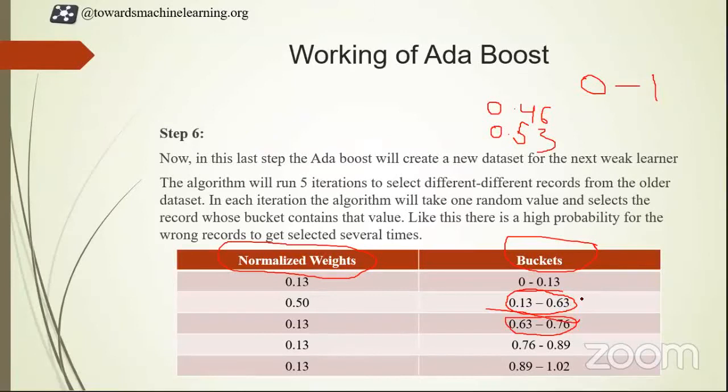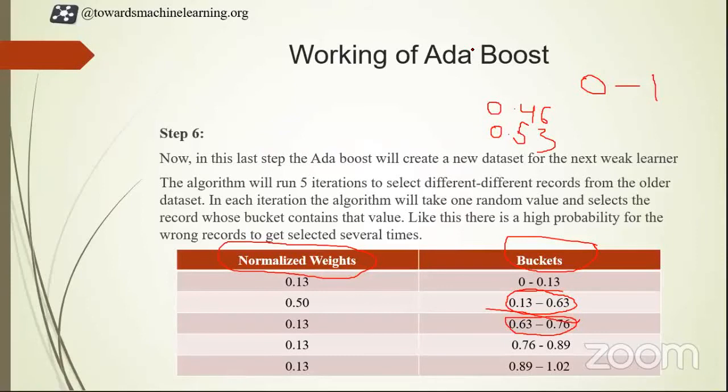Again this record is going to be selected. As there is a huge amount of numbers that lie in this bucket only, there is a high probability that this wrong record is selected maximum number of times.